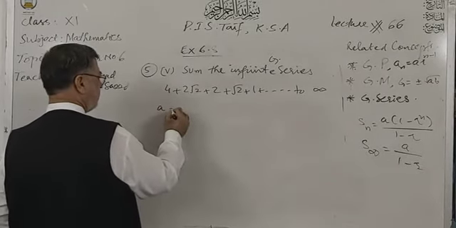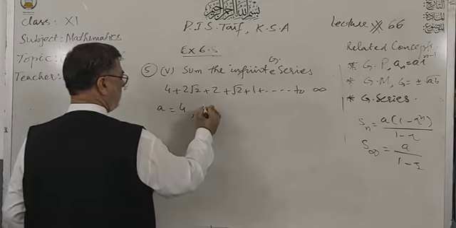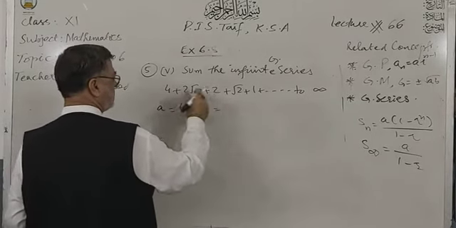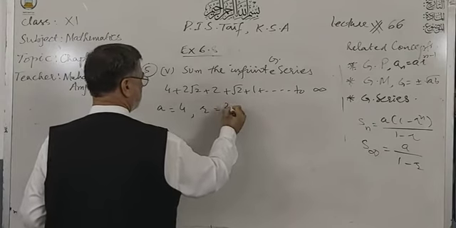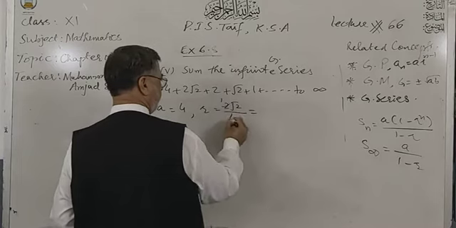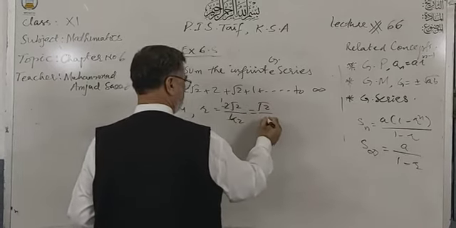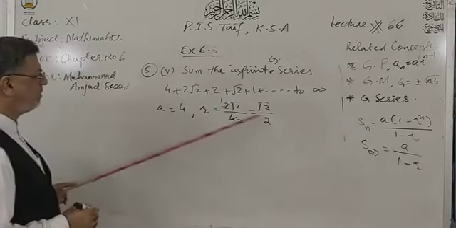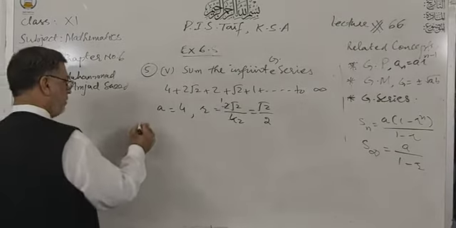What about a? It is 4. r is the common ratio between the first and second or second and third. So r is 2 root 2 over 4, that will be root 2 over 2.